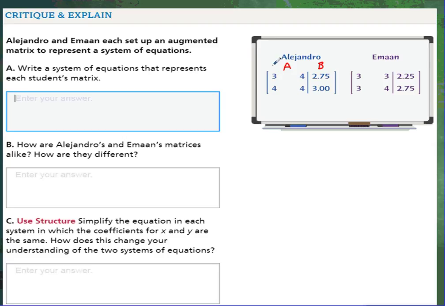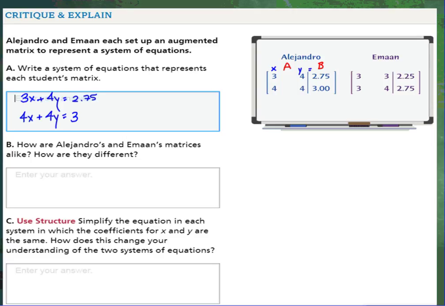Well, if you remember, these are your X variables, and these are your Y variables, and these are your answers. Okay? So if we write this correctly, the first line becomes, for Alejandro, I'll keep that in blue because his writing's in blue, 3x plus 4y equals 2.75, and 4x plus 4y equals 3.